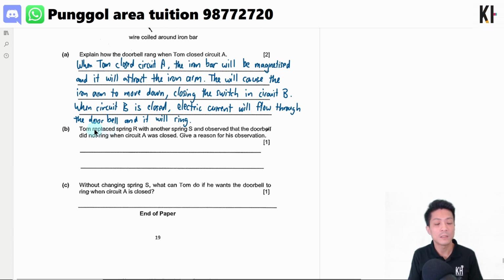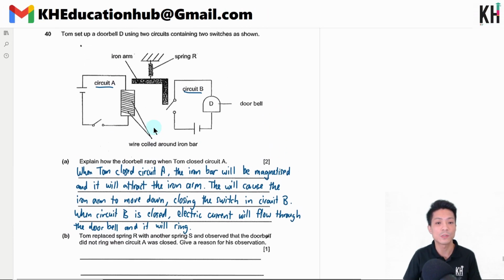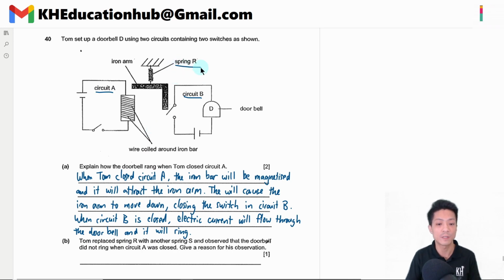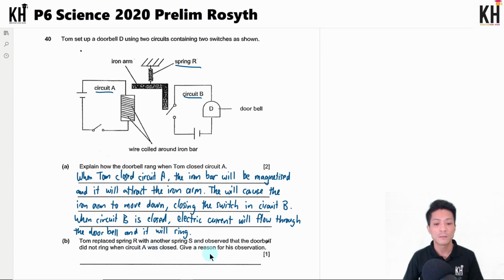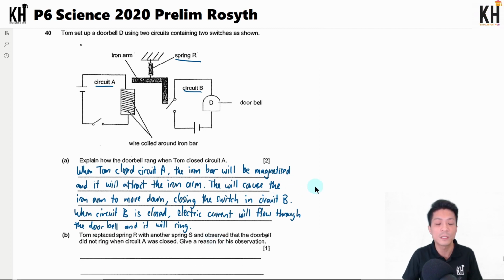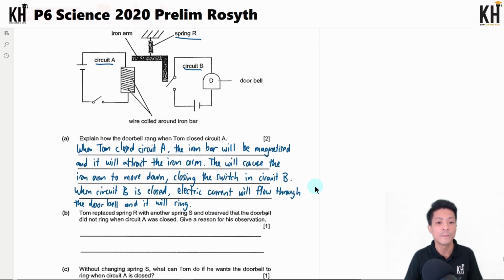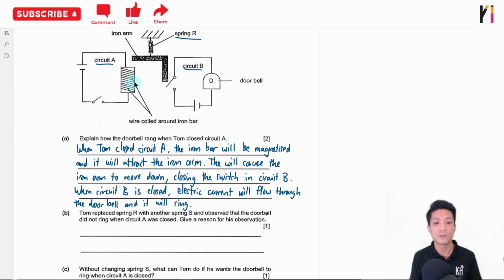Okay, part B. Tom replaced spring R with another spring S, so this spring R over here, and observed that the doorbell did not ring when circuit A was closed. They want a reason for this observation. Probably he replaced it with a spring that is very stiff. So the magnetic force of circuit A is not strong enough to overcome the spring.